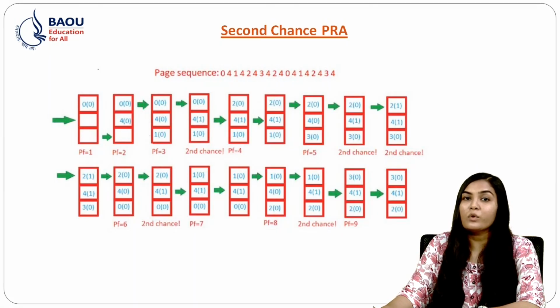After the first 3 passes, they will be filled with 0, 4 and 1, and the second chance array will be 0, 0 and 0, as none has been referenced yet. Also, the pointer will cycle back to 0. When we pass 4, the frames will be 0, 4 and 1, and the second chance array will be 0, 1, 0.